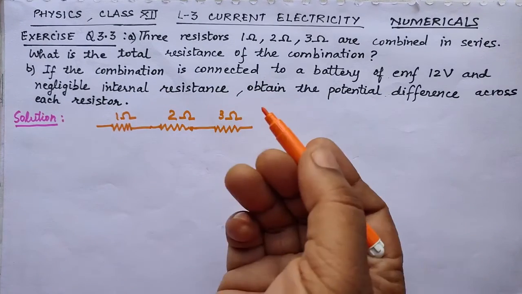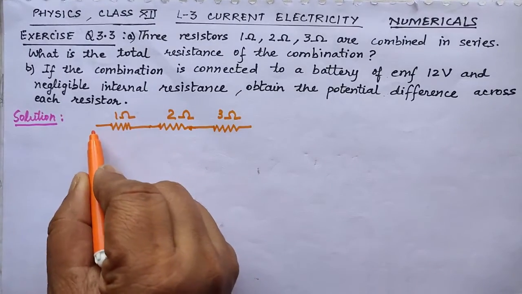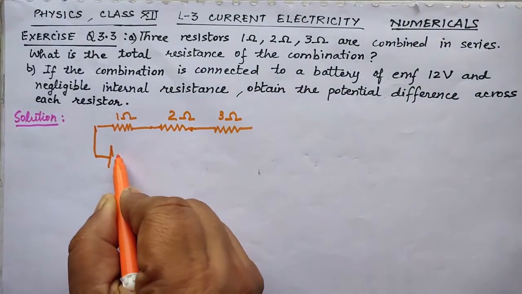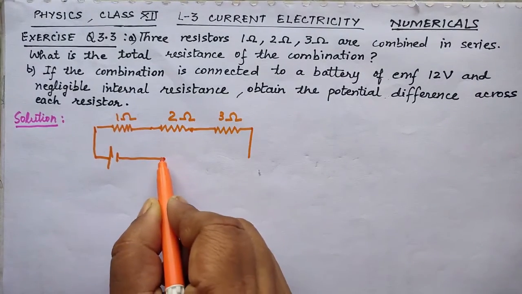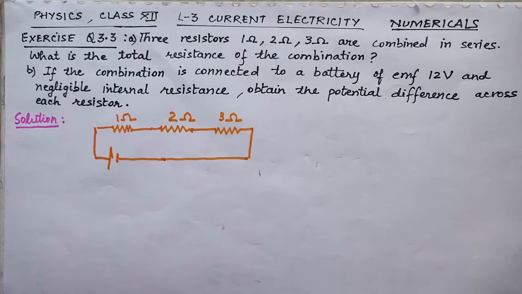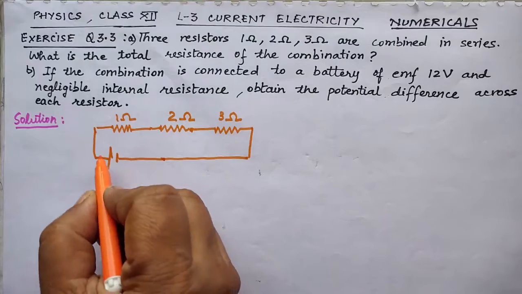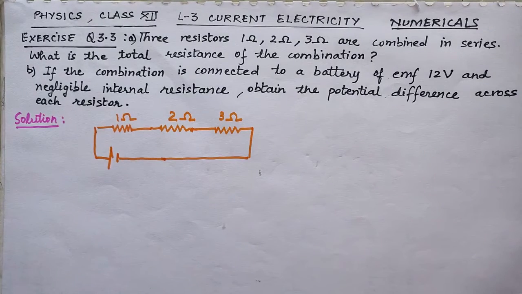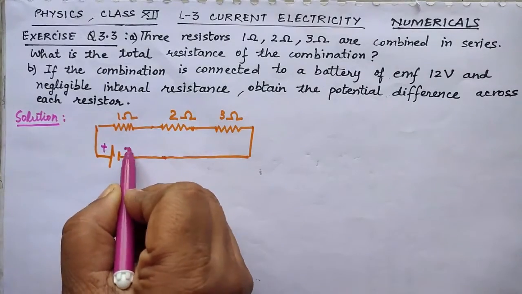Now the series resistances are connected to a battery having the value 12 volts. So we will symbolize this by the symbol of a battery of 12 volts, and this is our complete circuit of the given question. Whenever we start solving it, what we do first is we label the battery. We write positive and negative here.